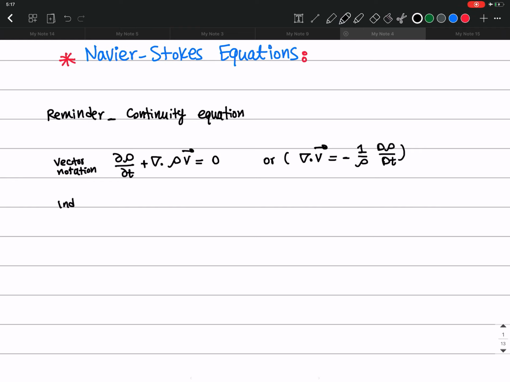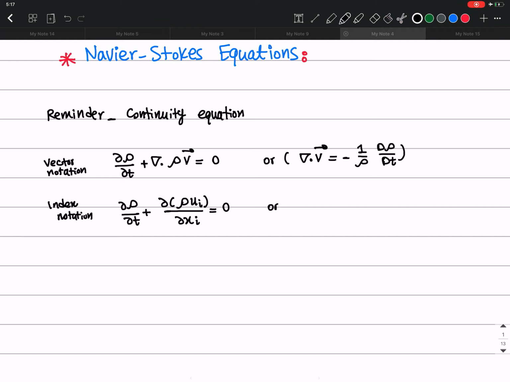If you want to write this in index notation, or Einstein's index notation, we can write it as follows: partial rho over partial t plus partial rho ui over partial xi equals 0.